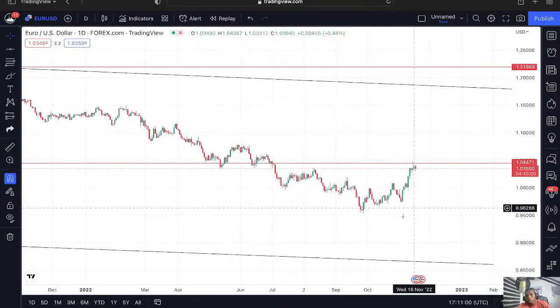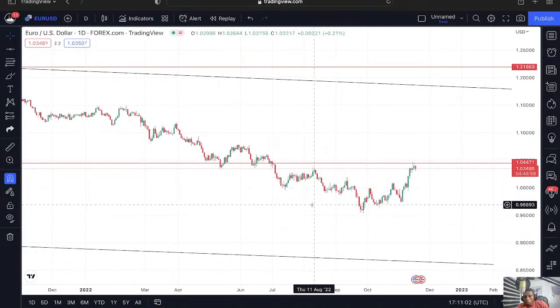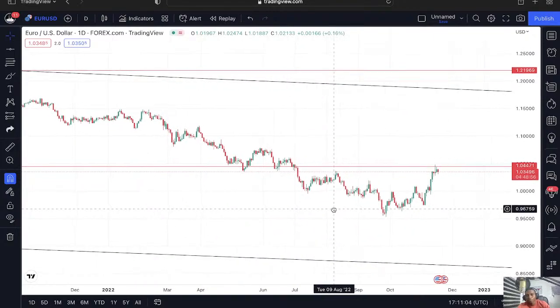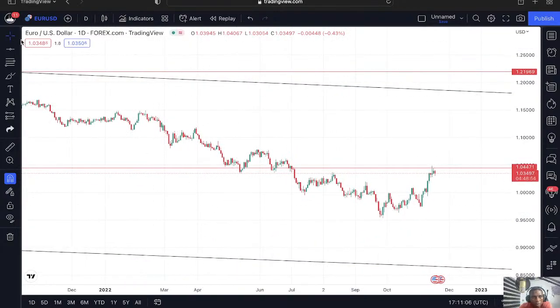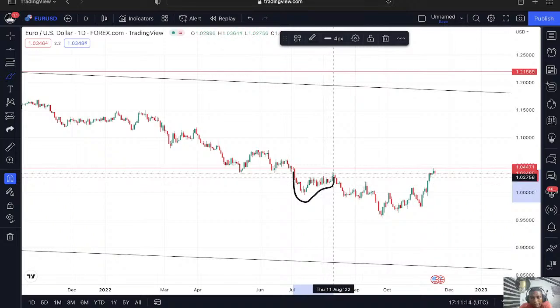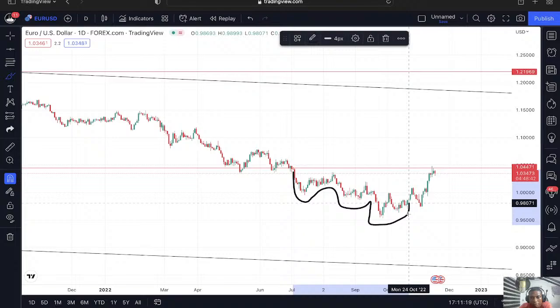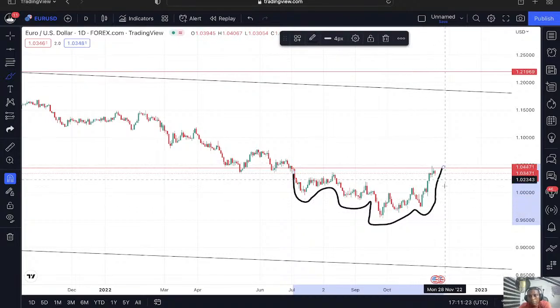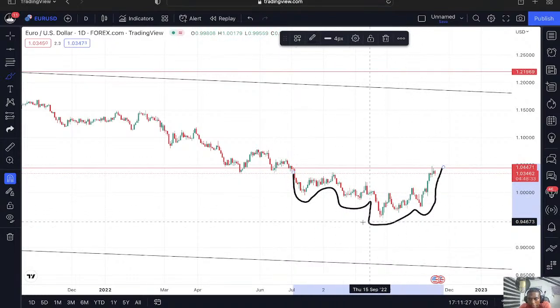Price is building a bullish momentum here, you can see that.